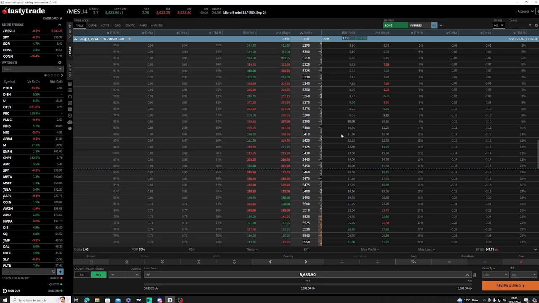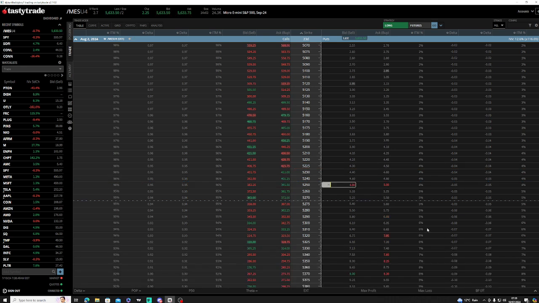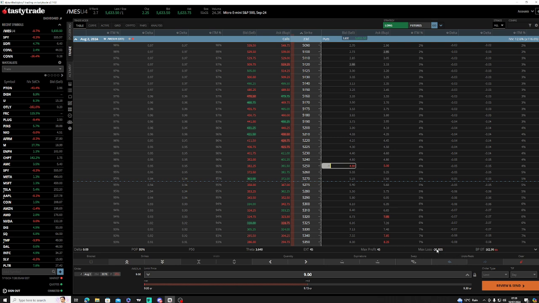So the max loss scares a lot of people. Oh my god, look at the max loss. The max loss, hold on, let me clear this. The max loss if I was to sell a 10 delta is 26,000. Yeah guys, that's just like 50 shares of SPY. So this is basically worth about 50 shares of SPY, and slightly more, but I think it would work out to relatively 50 shares of SPY.